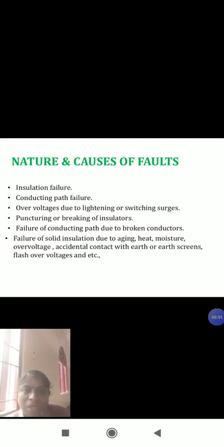Now coming to the nature and causes of faults. So what are the reasons for the occurrence of faults?